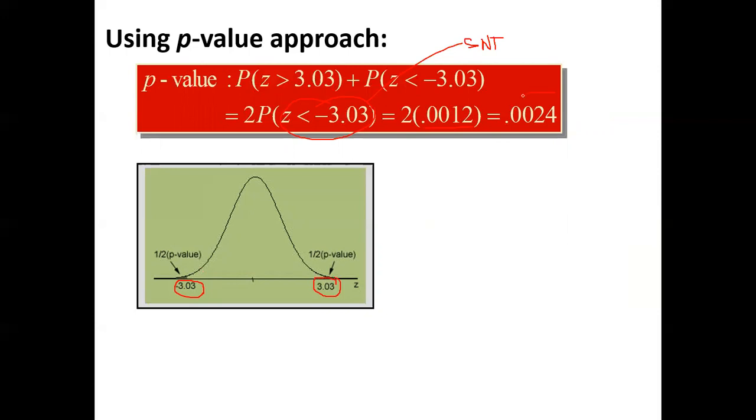So 0.024 is actually less than the cut-off point 0.05, isn't it? And 0.01.